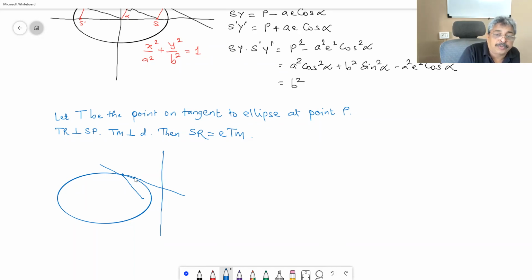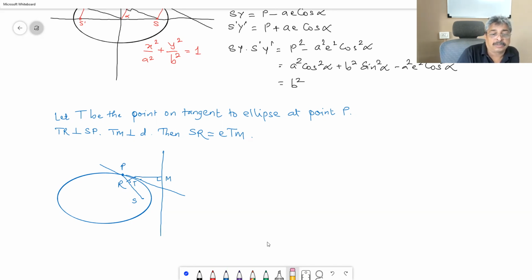Then TR is perpendicular to SP. This is S, this is P. TR is perpendicular to SP, and TM is perpendicular to the directrix.